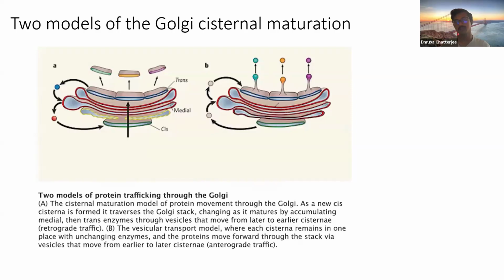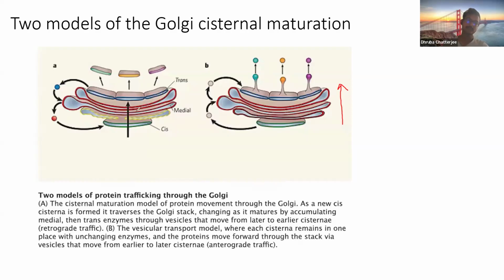This is the anterograde model of maturation of the Golgi cisternae. Anterograde because you can see this movement from the cis Golgi to medial Golgi to trans Golgi and then to the downstream subcellular compartment is in this direction, cis to trans, mediated by vesicles moving in this direction.